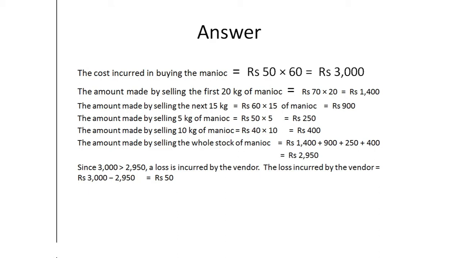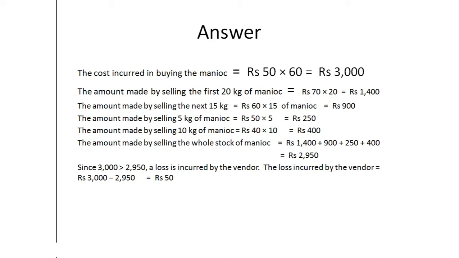Now we are going to find the total amount made by selling the whole stock of manioc. 1400 rupees plus 900 rupees, third one 250 rupees, fourth one 400 rupees. The total is 2950 rupees. Now we can understand the selling price of the manioc is 2950 rupees.